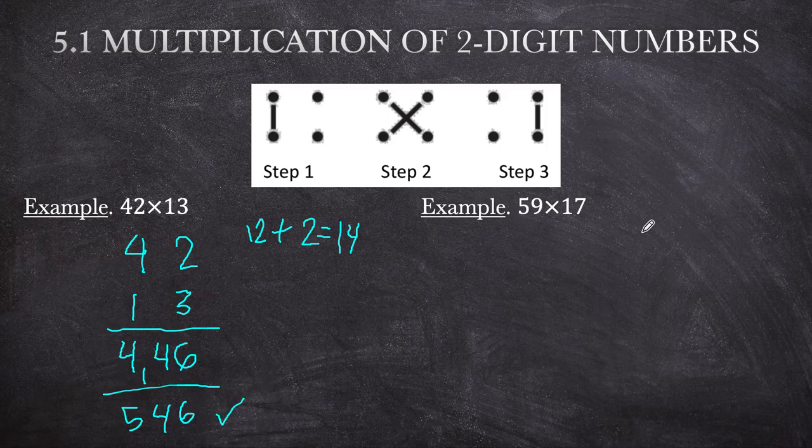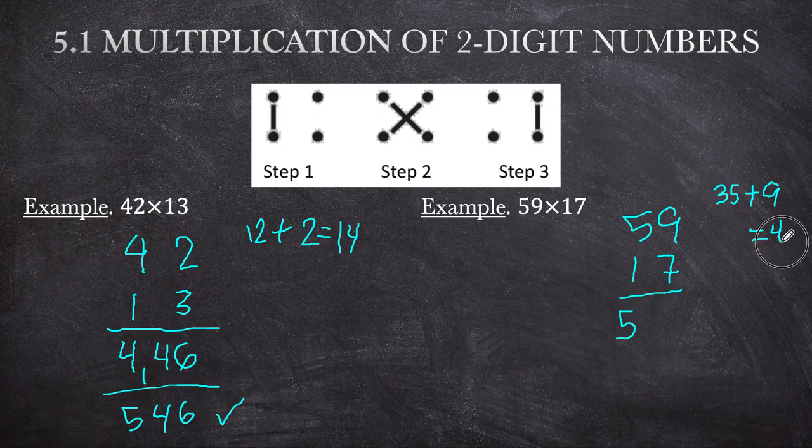Okay, so that's our answer for this example. Next example is 59 times 17. Okay, so that's a bit challenging. 5 times 1 is 5. 5 times 7 is 35. I'm going to write it here so that we won't get confused. 5 times 7 is 35, plus 9 times 1 is 9. That's going to give us 44.